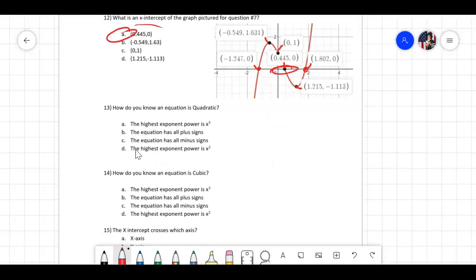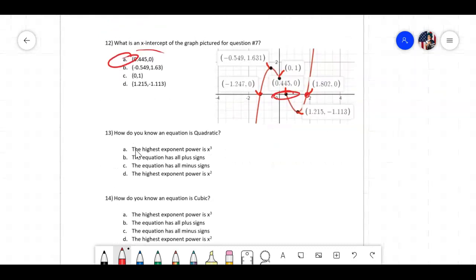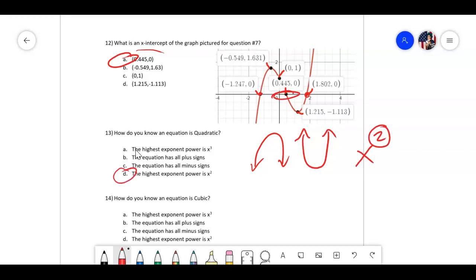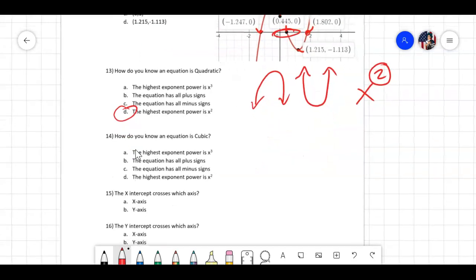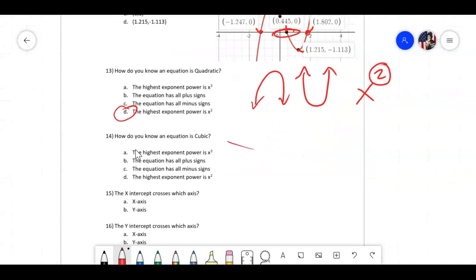Okay, and now we have a couple more questions. How do you know an equation is quadratic? So remember, we know a graph is quadratic like this if the highest power is squared. So that would be letter D. How do you know an equation is cubic? Oops. Remember, cubic looks like this. We know it's cubic if the highest power is 3, cubed.